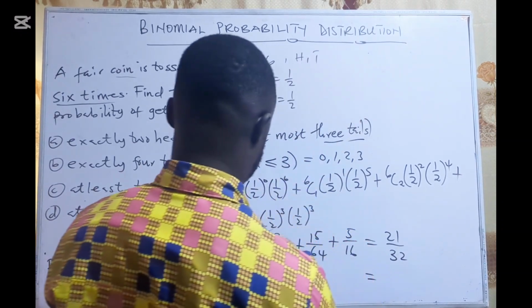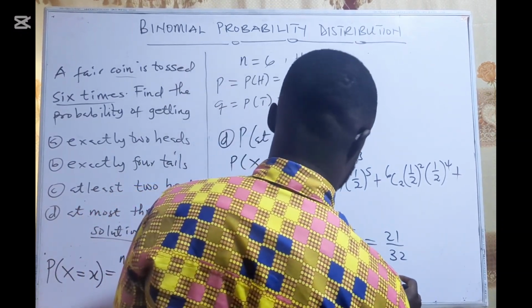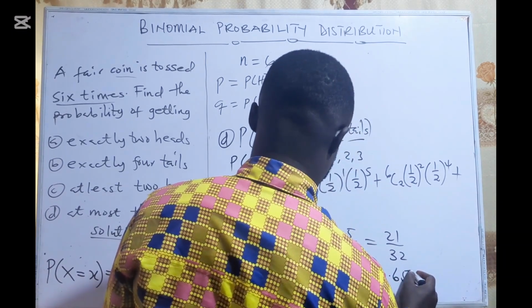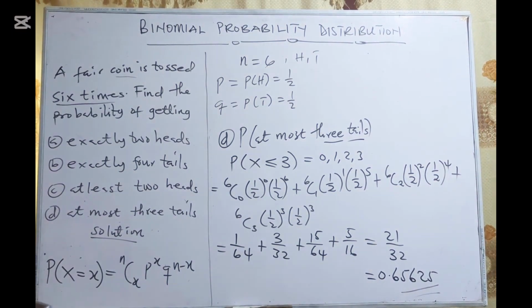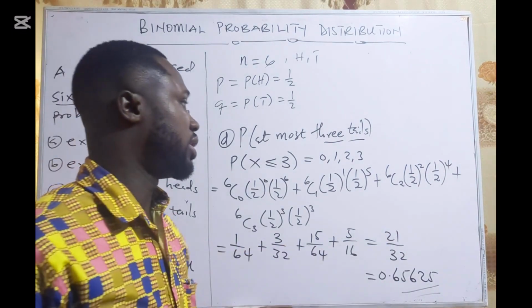In terms of decimal, that will be 0.65625. Okay, that is in terms of decimal. So the probability that we will have at most 3 tails is 21 on 32.